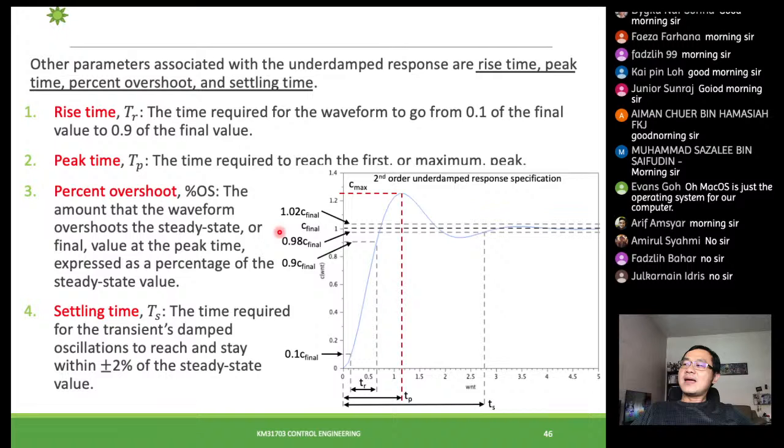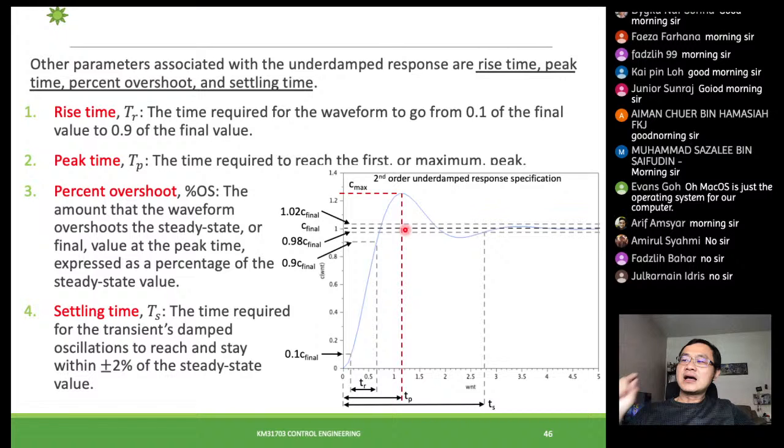But if there is an overshoot, then we define the percent overshoot as the amount the waveform overshoots the steady state. Here we assume the steady state is our final value, and we look at how much it overshoots, as a percent away from the steady state value. The rise time, peak time, and settling time basically represent how fast the transient response is.